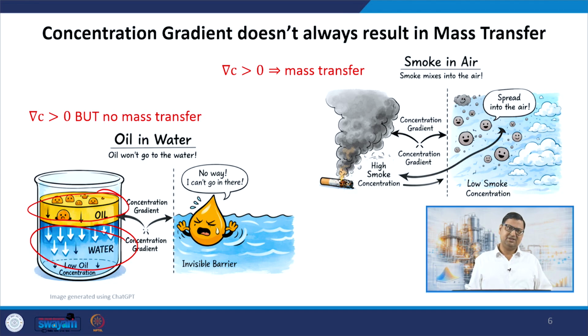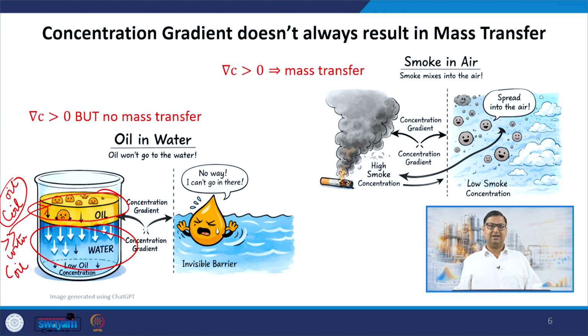And now you see here, if I look at the concentration of oil in the oil phase, on the top phase, it is pretty high. There is plenty of oil here, and there is very little oil here. Let me call this the oil phase and this the water phase, right. So, this concentration of oil is much bigger than the concentration of oil in the water phase. Pretty much there is no oil in the water phase, right.